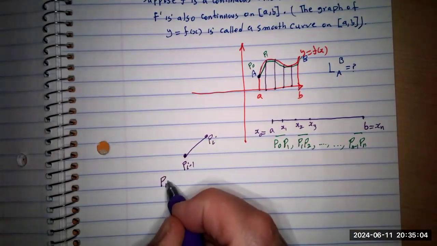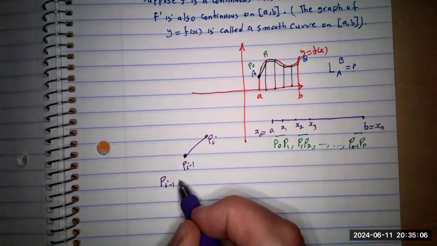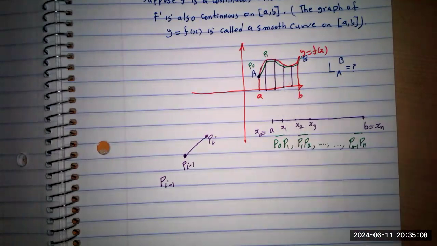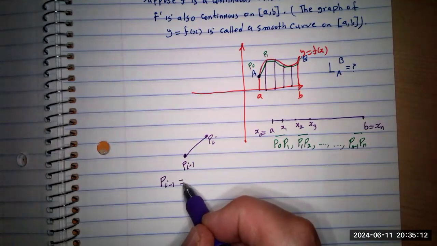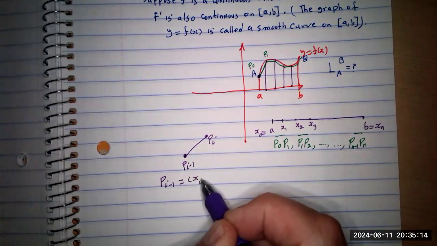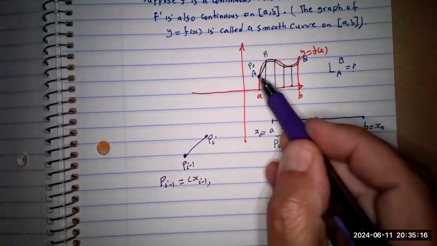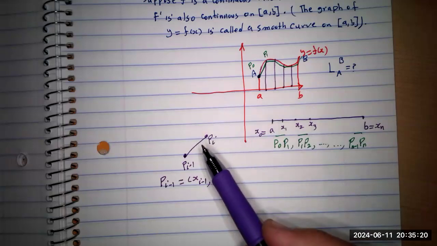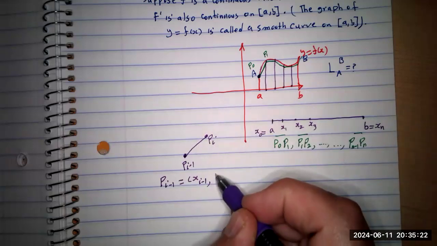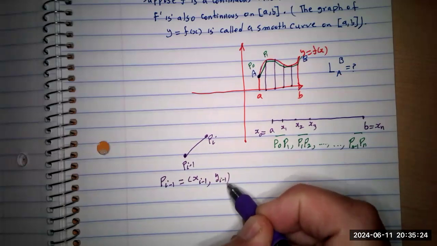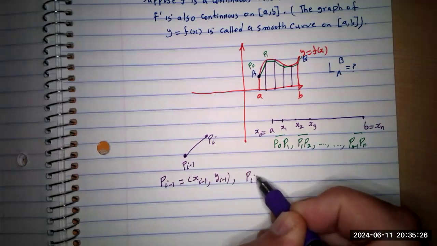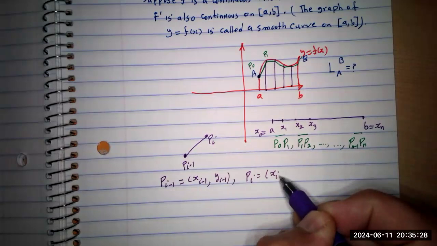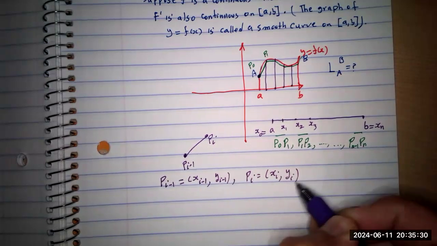The Pi minus 1 is a point where you have the x coordinate, we call it xi minus 1, and you drop it into the function to get the y coordinate. You can call it yi minus 1. Then the Pi would be xi and yi.